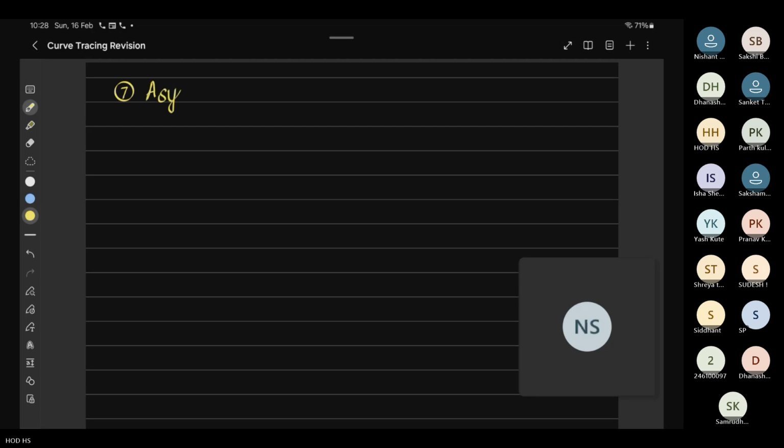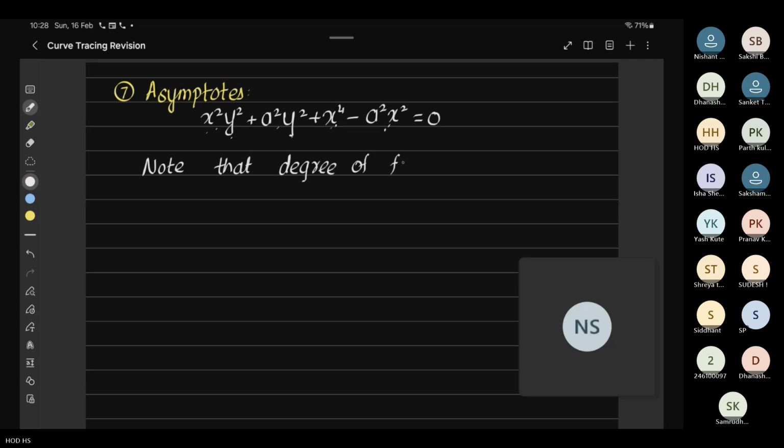To discuss asymptotes, again we will start with the given equation, and we note that the degree of f of x, y is 4, which implies it can have at most 4 asymptotes.